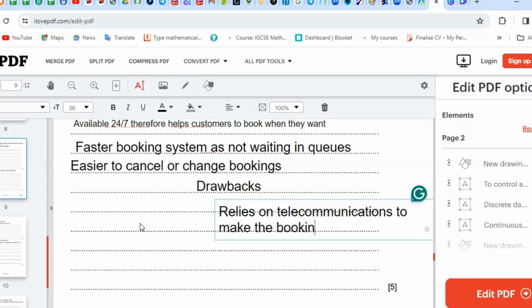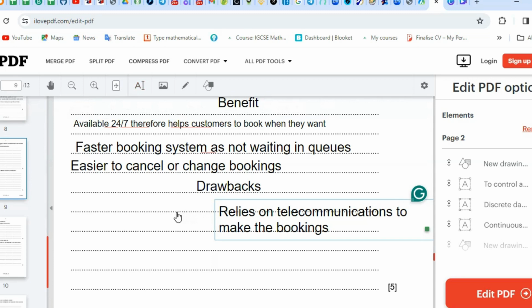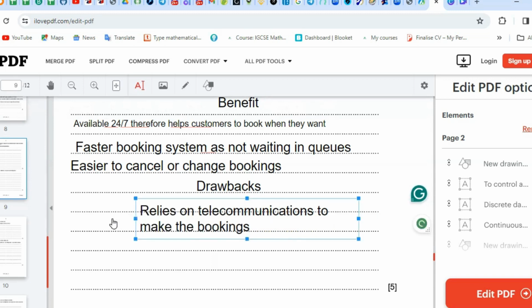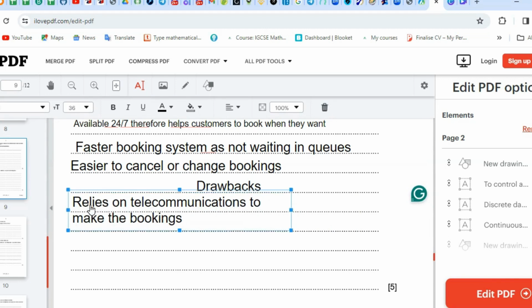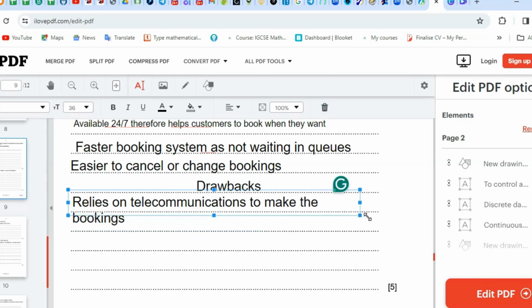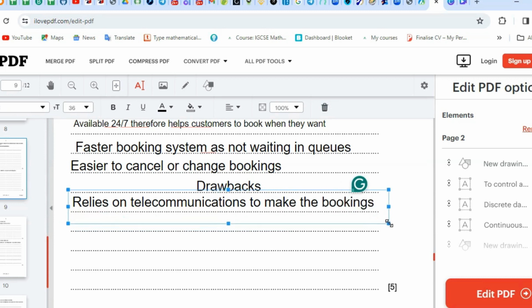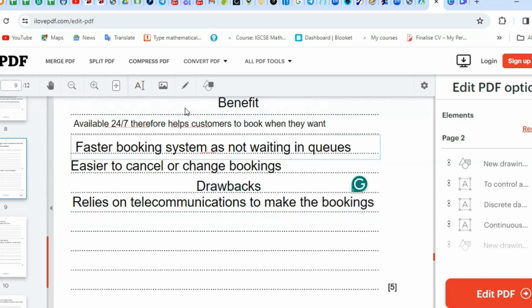Two, need internet access and connection. If you don't have internet, you will not be able to make an online booking because it is required. So no internet connection, it means no booking.